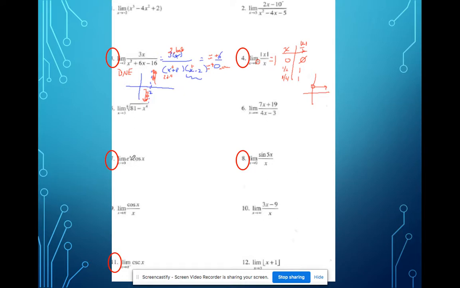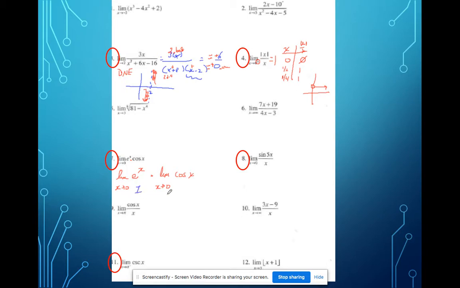All right, here is a product of two functions. So the limit of a product is the product of the separate limits. As you approach 0 from the right and left, e to the x is continuous, so the limit is equal to the function value, and e to the 0 is 1.